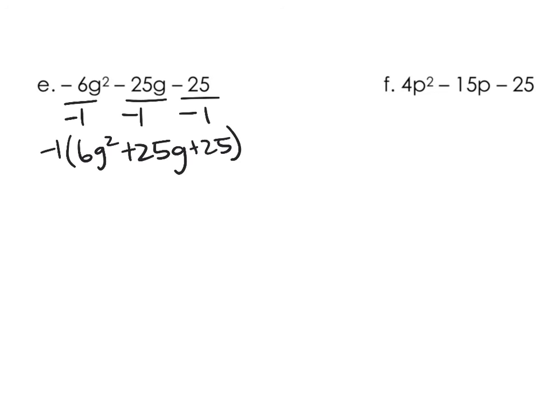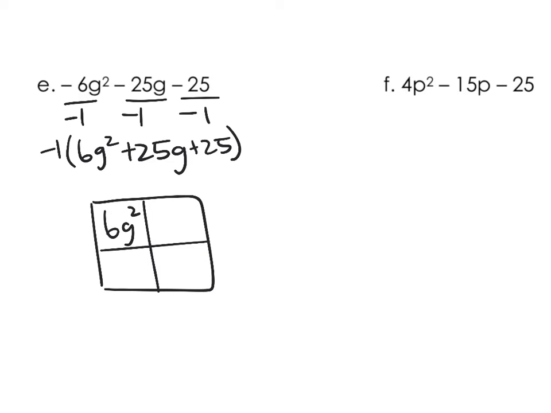Because look, now I have all positive options, which makes my options super nice. So let's see. I need to go to my box, and I'm going to have to multiply to be a 6g squared, a 25, and my diagonals need to add to be a 25g.